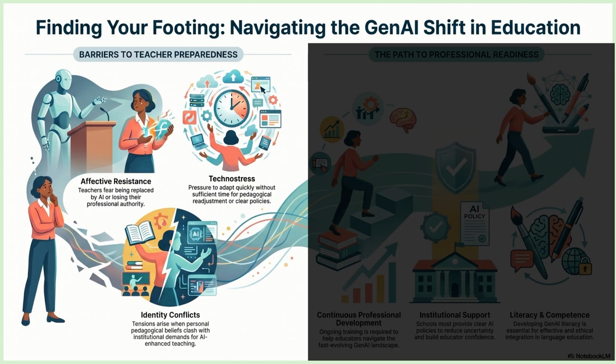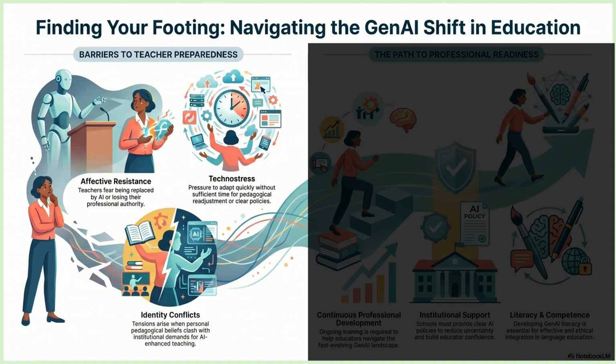The first one is affective resistance, where teachers fear that the AI might be replacing them and their professional authority. The second one is technical stress, because there are just too many AI programs around, and not enough time to study them in detail. Finally, the identity conflict is basically, why am I still here?